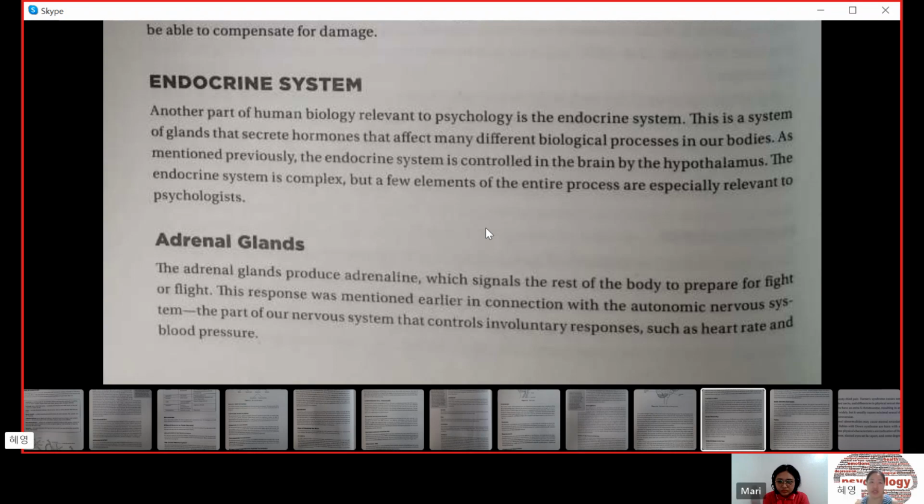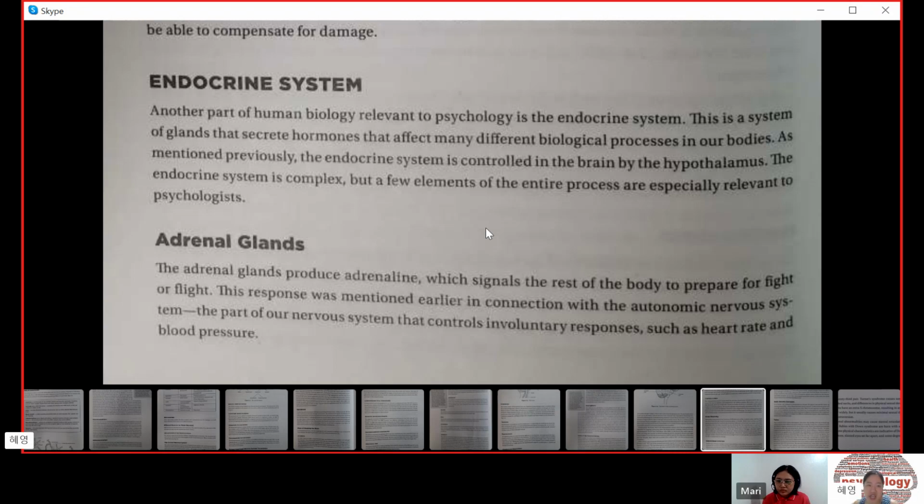As mentioned previously, the endocrine system is controlled in the brain by the hypothalamus. The endocrine system is complex, but a few elements of the entire process are especially relevant to psychologists.